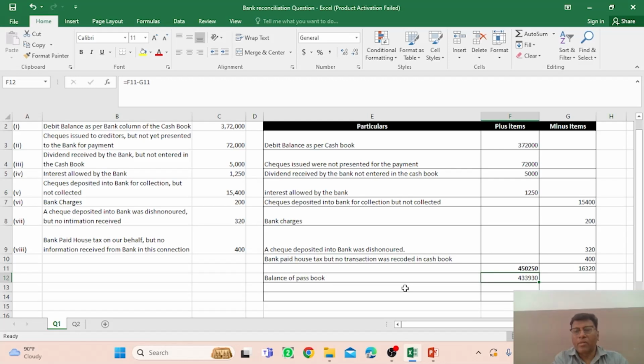You can use the calculator. And we find that 450250 is the plus items, and the minus item is 16320. So you find that 4,33,930, right? So this is the balance of passbook. You verified.